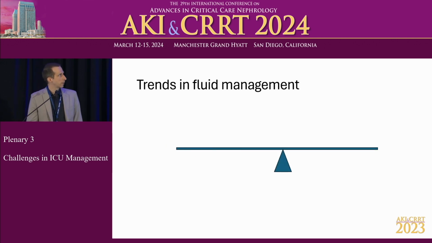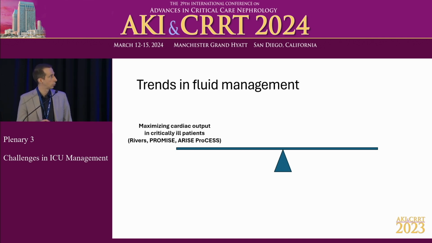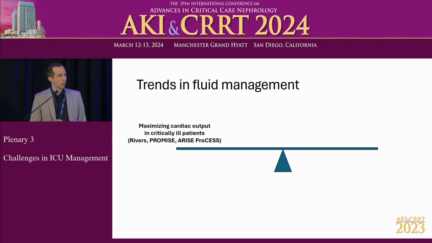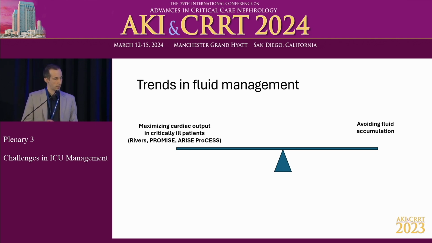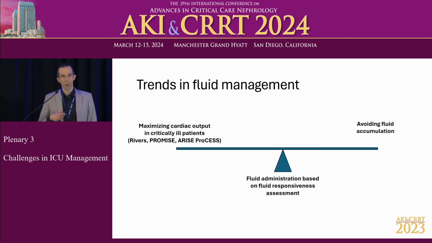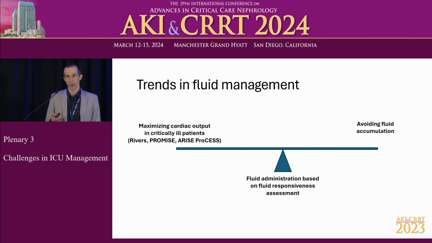Now, considering the trend in fluid management in the intensive care unit, there was the era where we wanted to maximize cardiac output in studies of early goal-directed therapy in sepsis, where we were aiming for a CVP threshold. And on the other side is the risk of fluid accumulation. Our current way to avoid these and maintain this balance is to give fluid only when there is a state of fluid responsiveness, because there's a chance then we can increase the cardiac output.